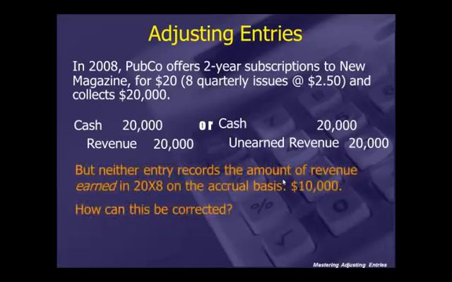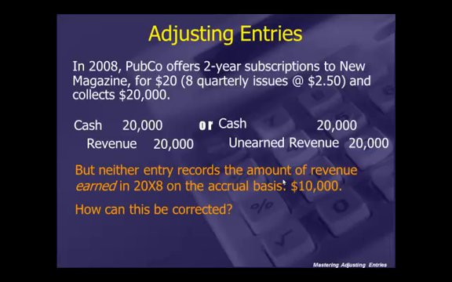Now, neither entry that we're looking at here records the amount of the revenue earned in 2008 on the accrual basis. And remember, this is dealing with $20,000 for the full 2 years.